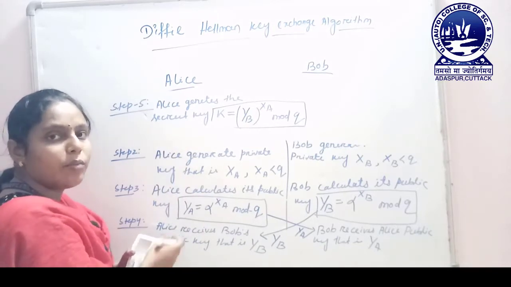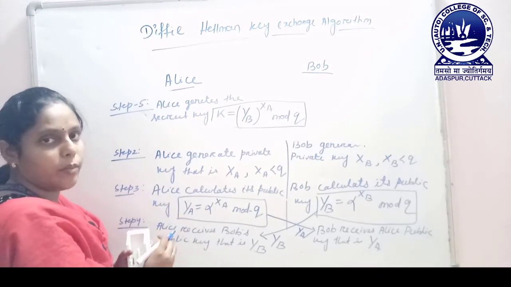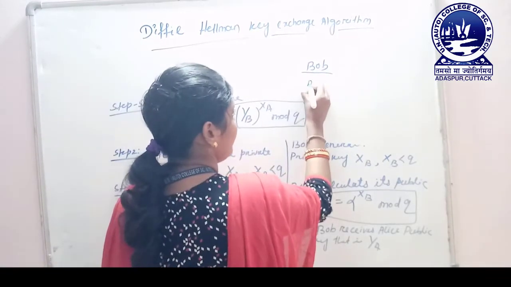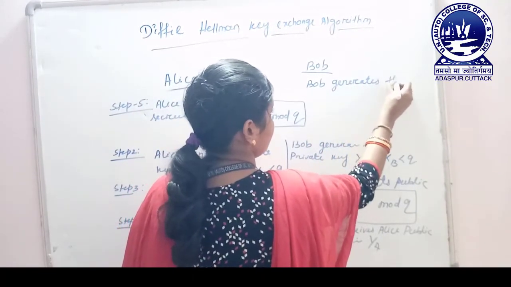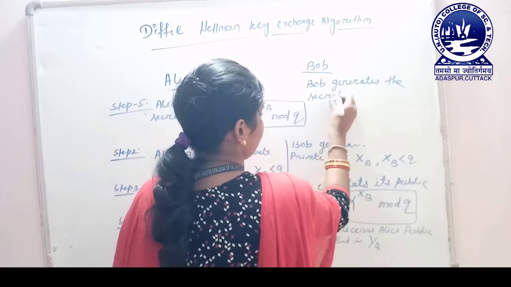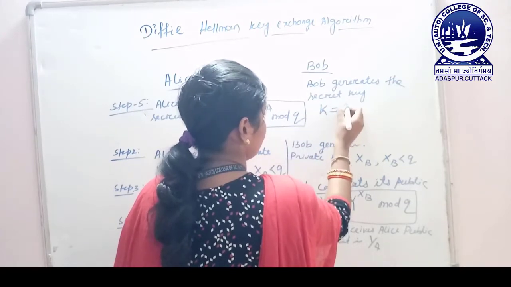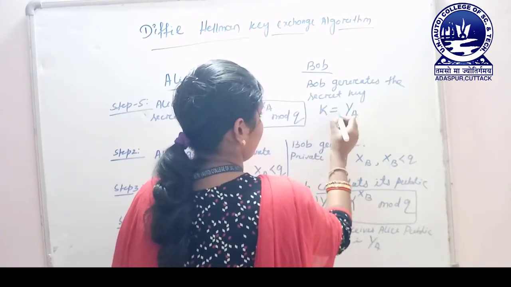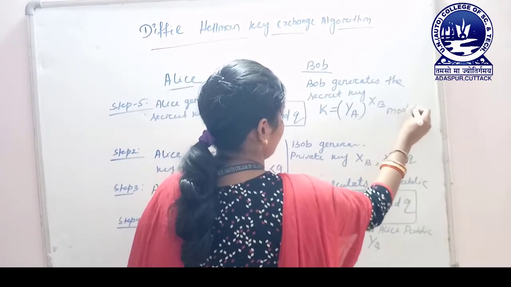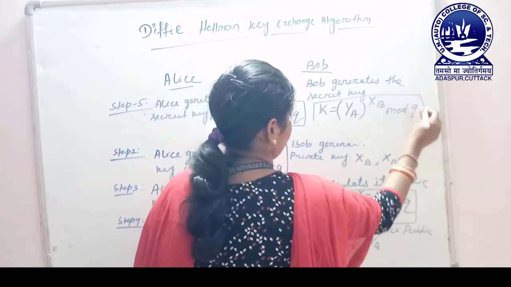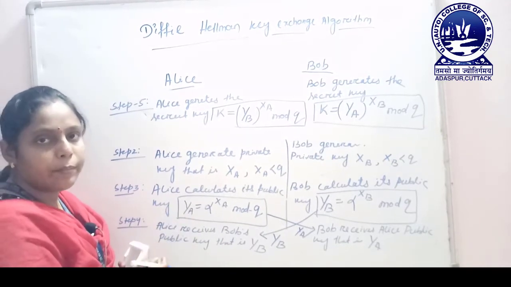In a similar way, Bob also calculates the secret key after receiving Alice's public key. Bob generates the secret key K equal to YA to the power XB mod Q. This is step 5.